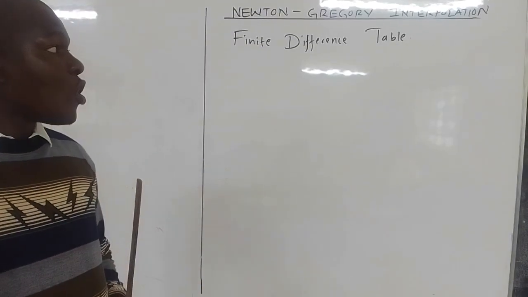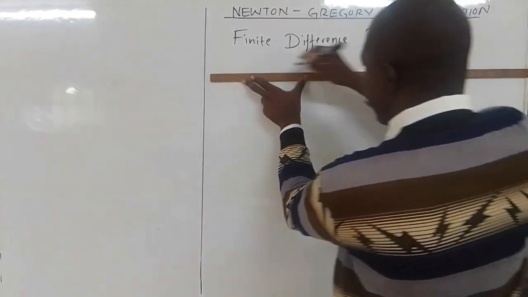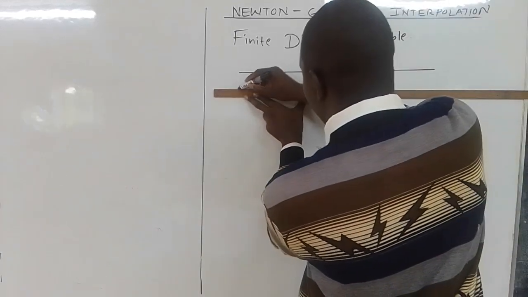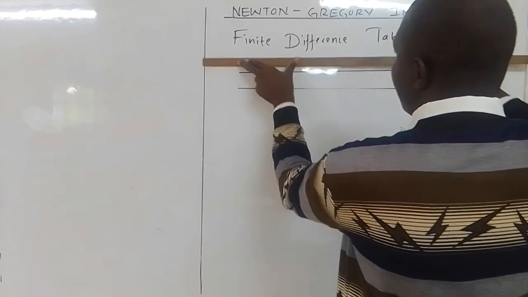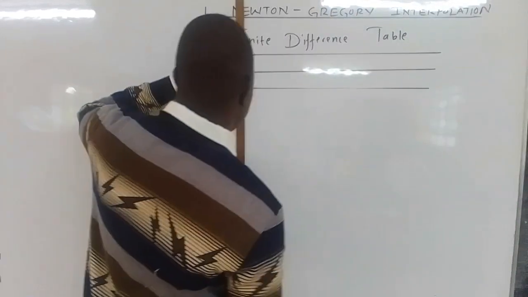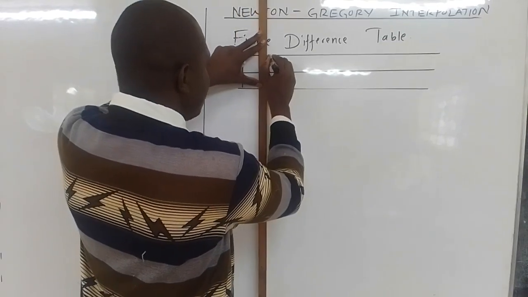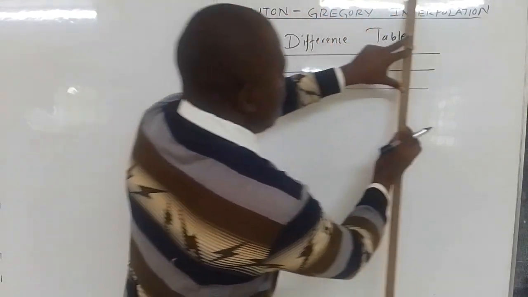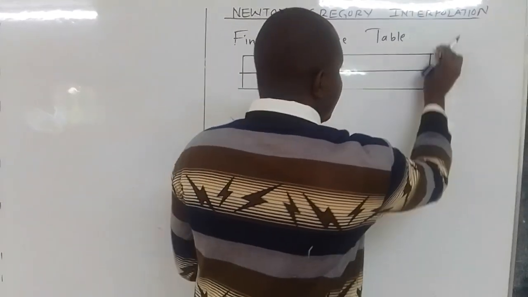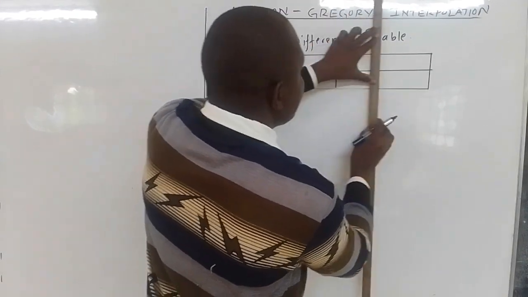So let us maybe consider a table from a polynomial. You'll be given a table like this, with some few values.